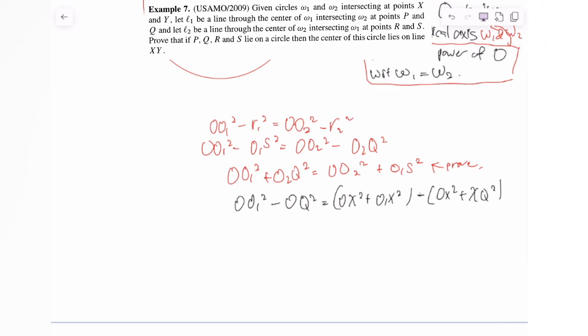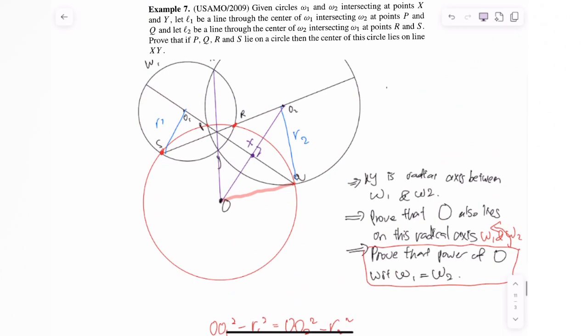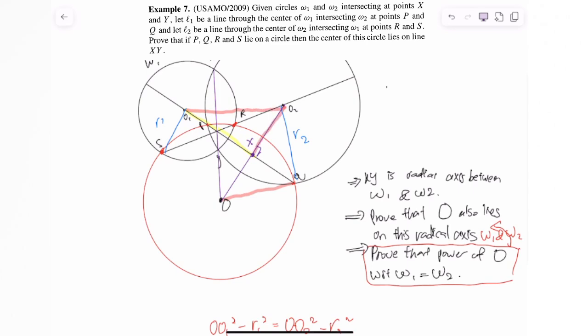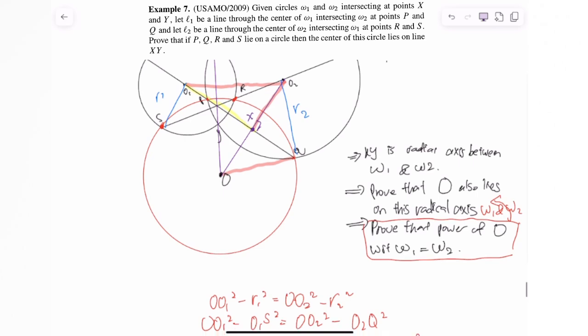So notice that the OX's cancel off. You get O1X squared minus XQ squared. So O1X squared is this one. And we can apply Pythagorean to this triangle.